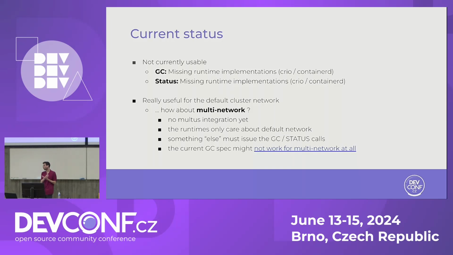But if you have multiple networks on your pod, the plugin doesn't have enough information to know which of these to keep, because it doesn't know which network the interface belongs to. So the plugin knows what it manages, but it is not going to be able to figure out which of the things to delete. So there is still some work to do here.